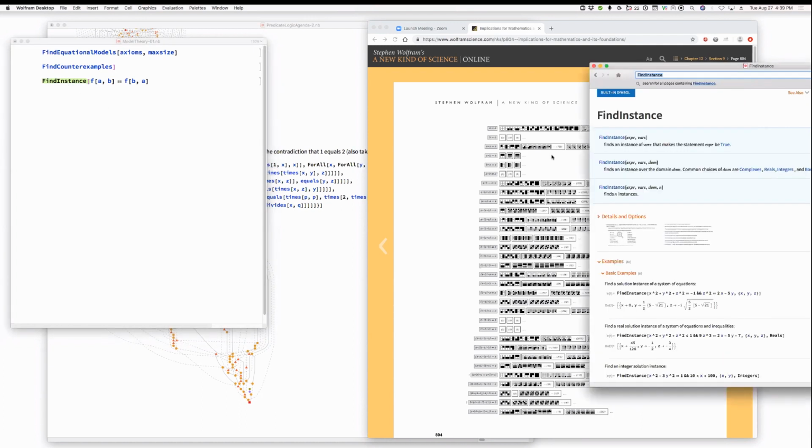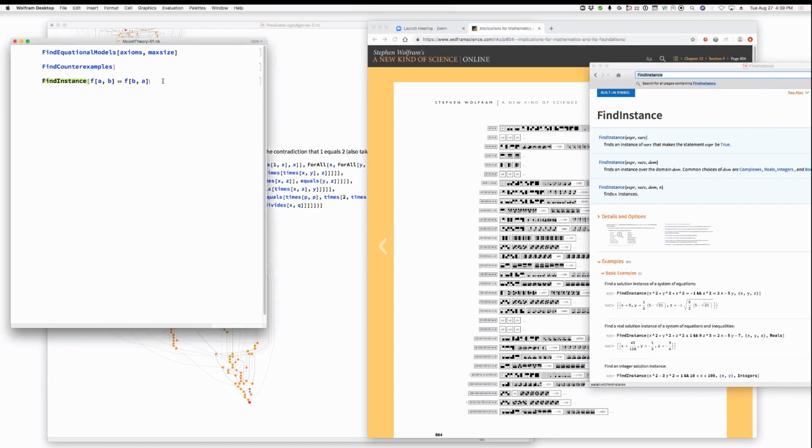So in other words, find instance of f of a b equals f of b a. Doesn't find instance have the same idea? But find instance doesn't allow you to define assumptions or axioms. That's the essential difference. But it should. That third argument, which is right now a domain, should allow that.